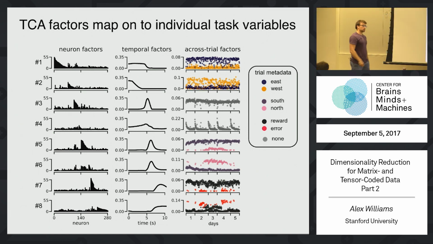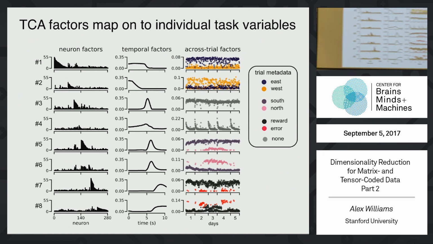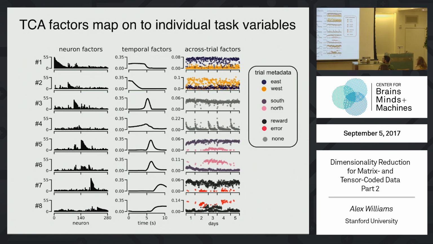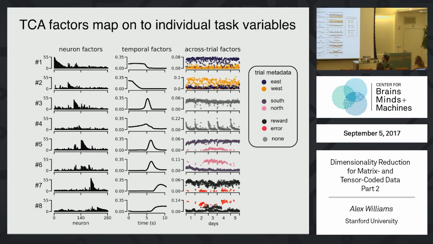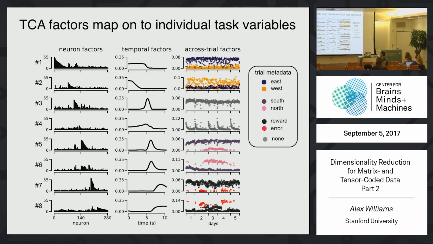Okay, so the question is, have I thought about adding more constraints to this model to reduce the number of parameters even further? One way of decreasing the number of effective free parameters in this model would be to add a sparsity constraint and use a sparse coding framework.